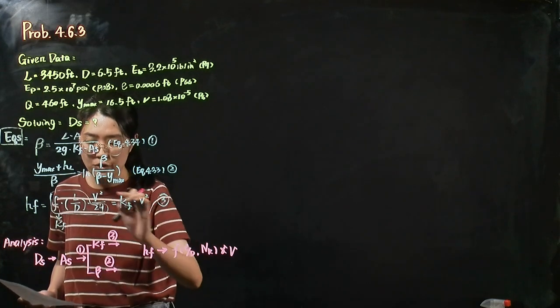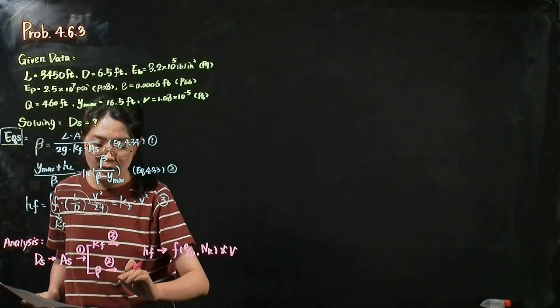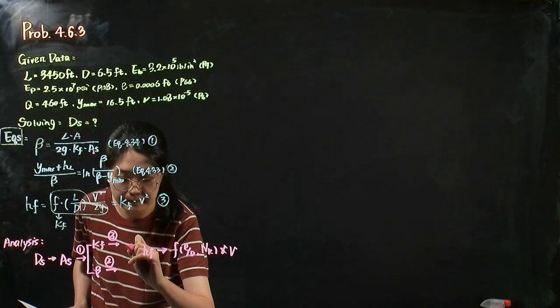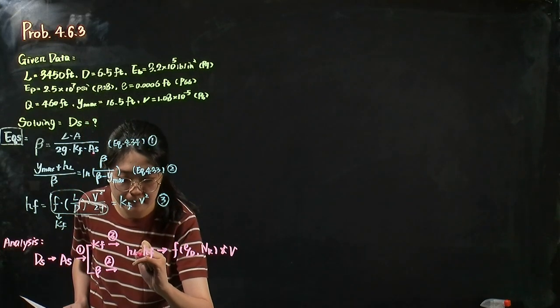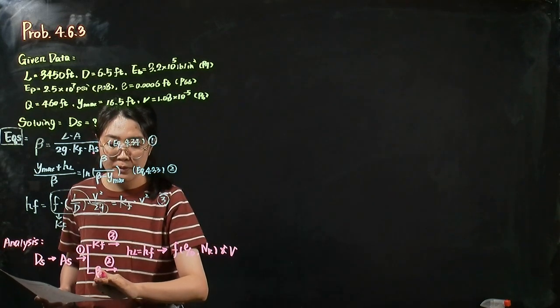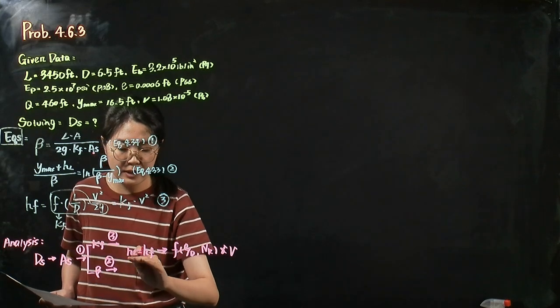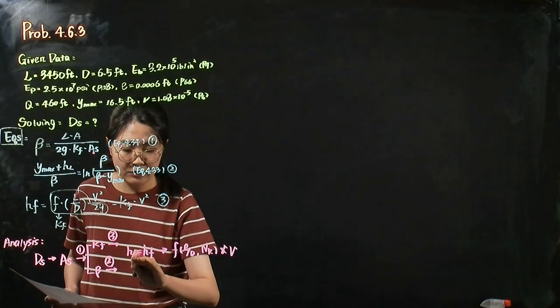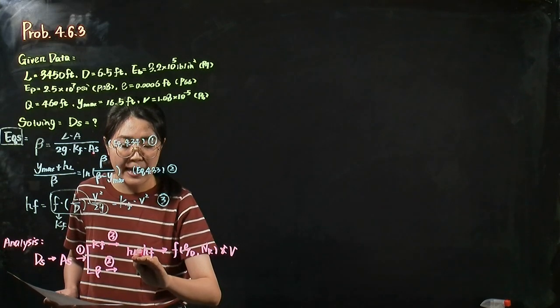Then the head loss should equal the friction loss. Therefore, to solve for the damping factor beta, we also need to calculate the value of the head loss first.